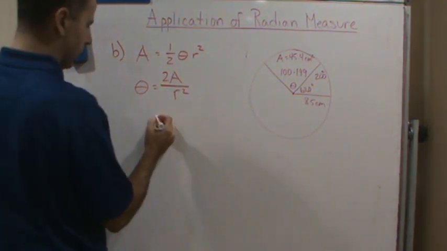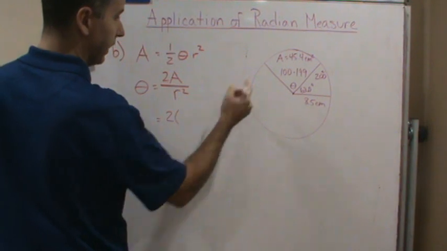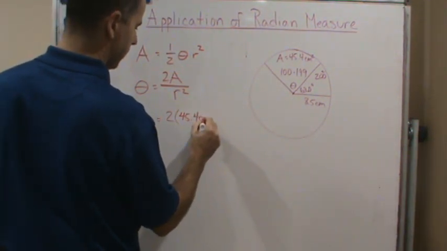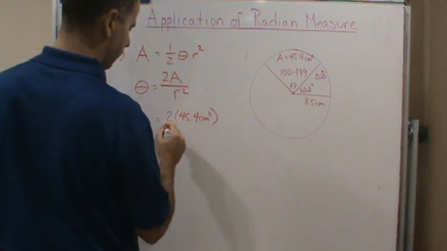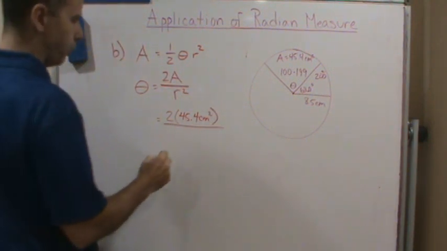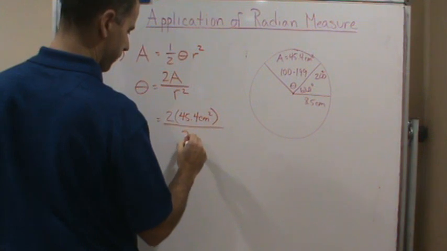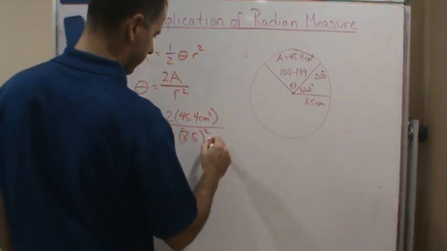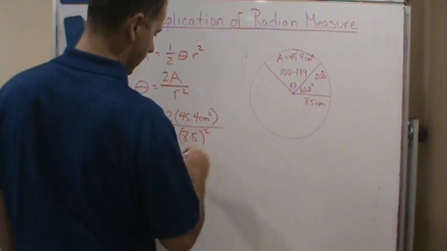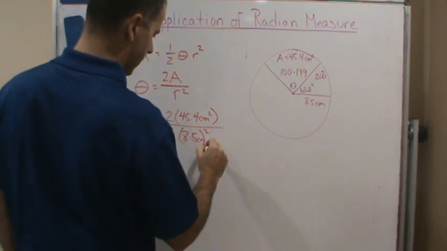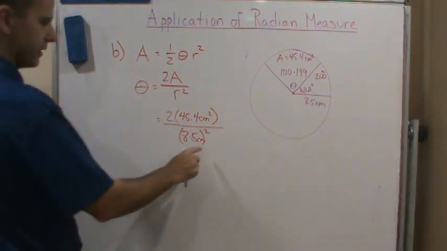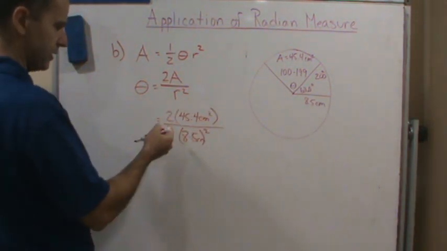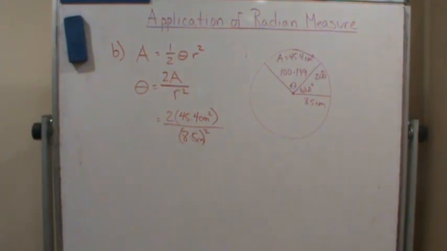So we plug in 2 times the area, 45.4 centimeters squared, over the radius squared, which is centimeters squared. The centimeters cancel each other out, and we end up with a unitless number, which again is radians.